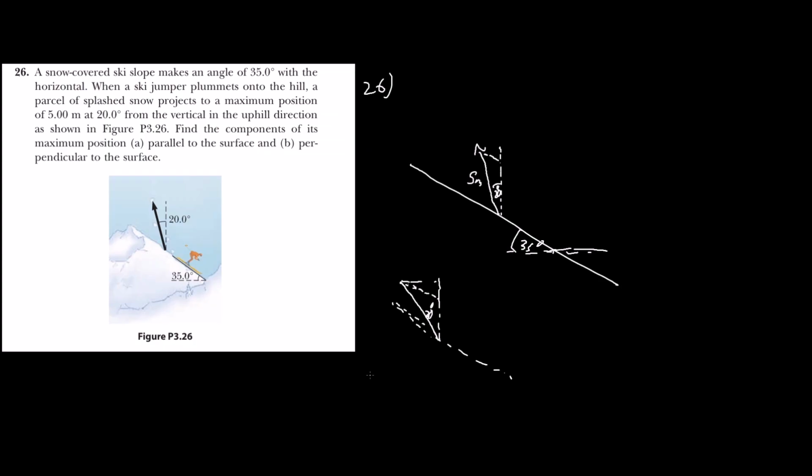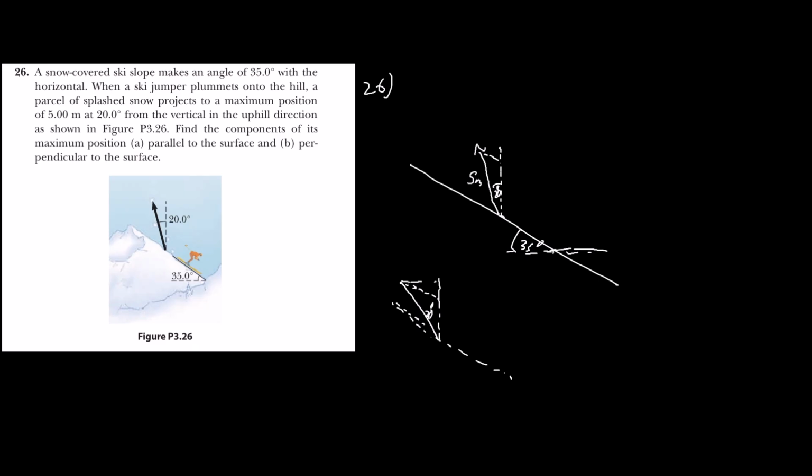I'm definitely going to need to pause this video for a bit. I'm pretty sure it's pretty straightforward. The question is asking perpendicular to the surface. Yeah, I think that's what it is. I think it wants us to find these little components in there.